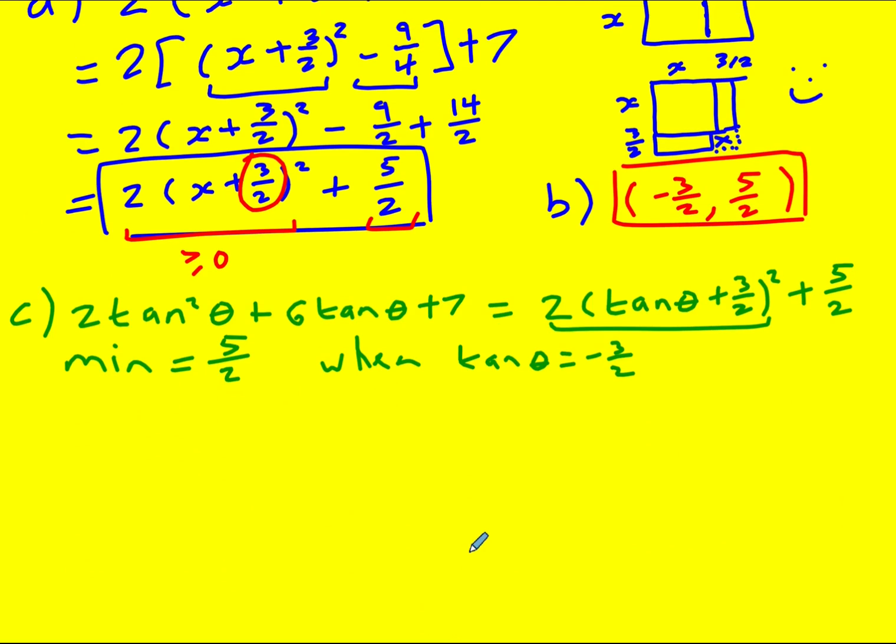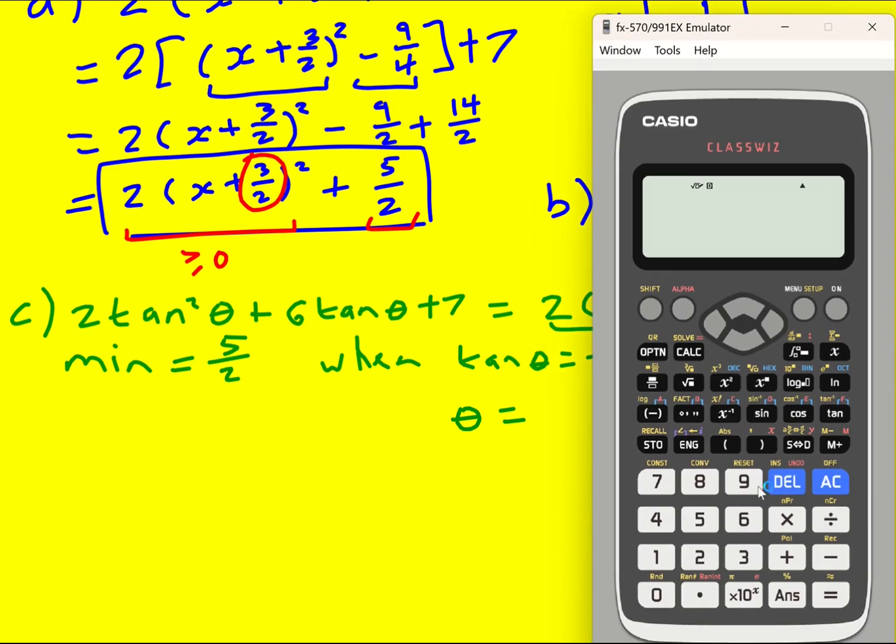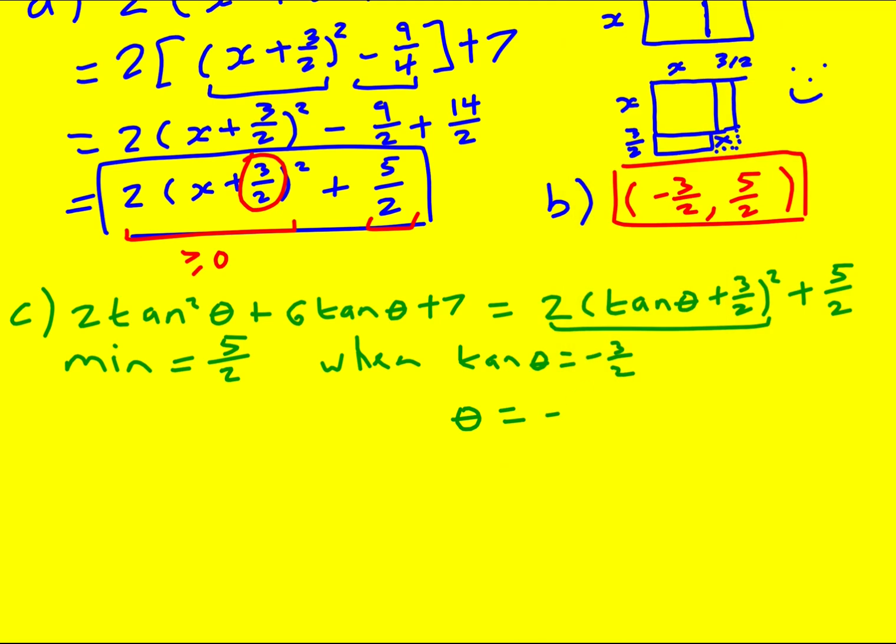So we've got this equation to solve. Okay, we're working in degrees. So we're going to get a negative answer out, minus 56.3.